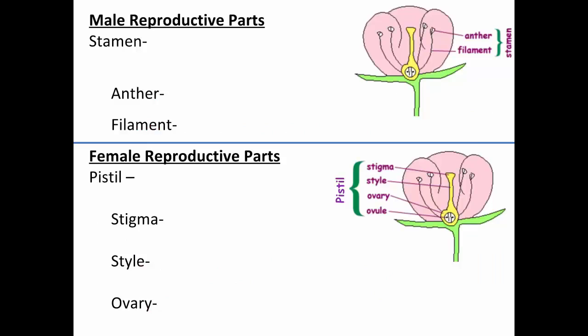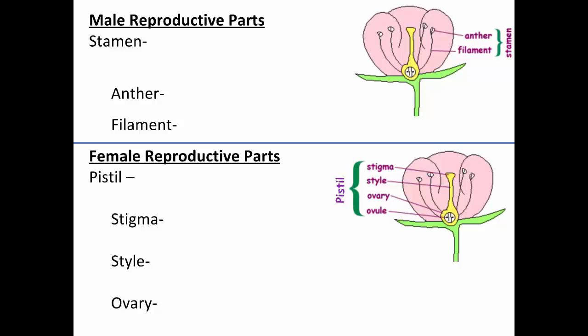All right, so we have male reproductive organs and female reproductive organs in flowers. The male reproductive parts are these parts. I hold in my hand the male reproductive organs of a flower.